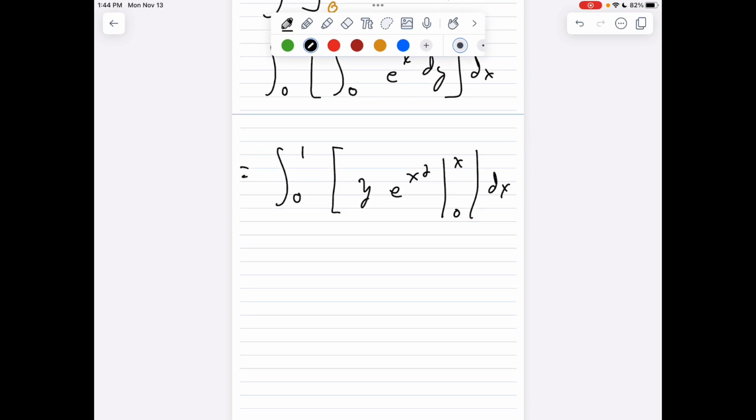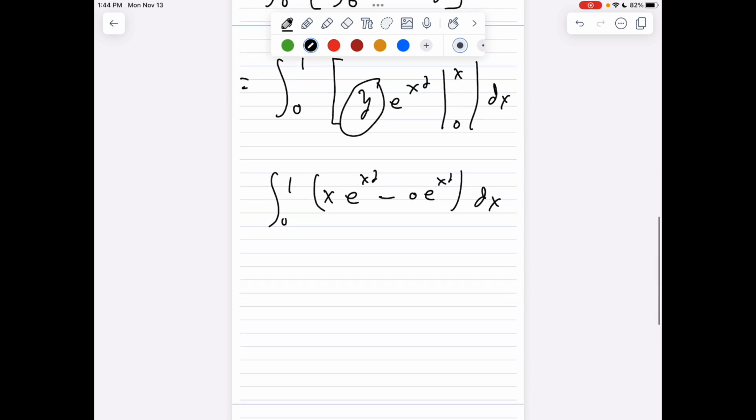And we would plug in x for y, and then we would plug in 0. Again, y takes the limits of integration. 0 times e to the x squared wipes out, and then it comes down to the integral from 0 to 1 of x e to the x squared dx.